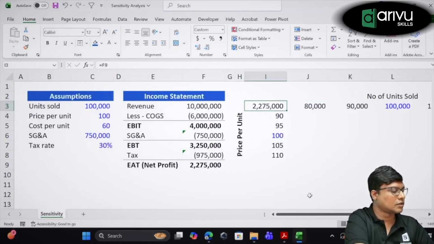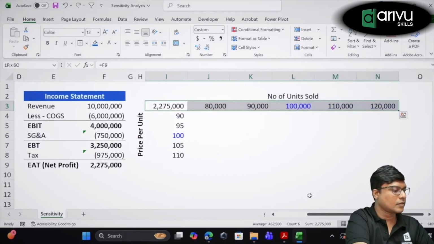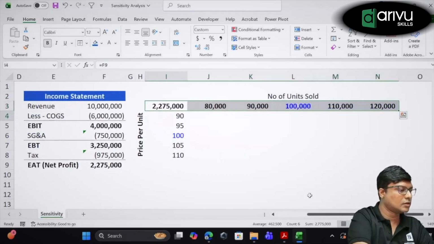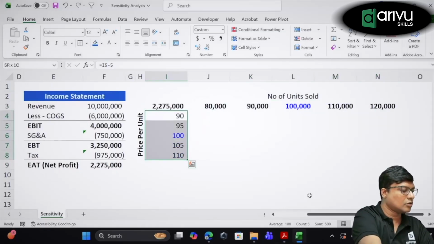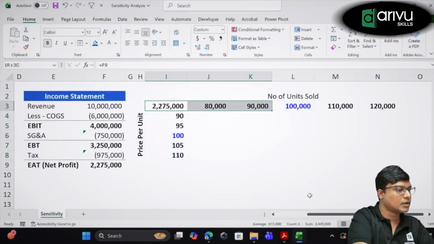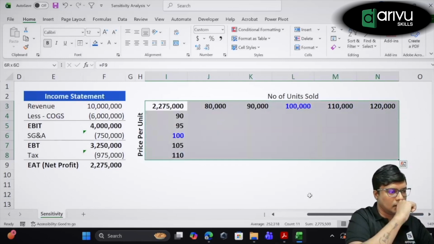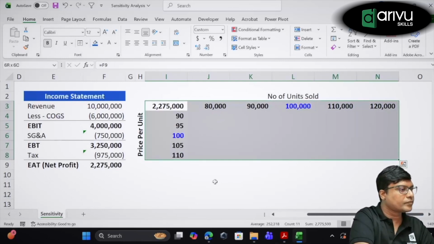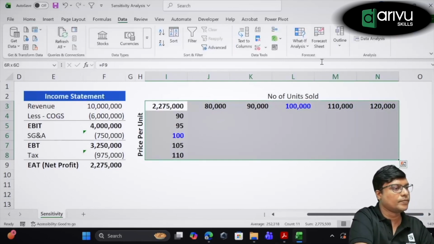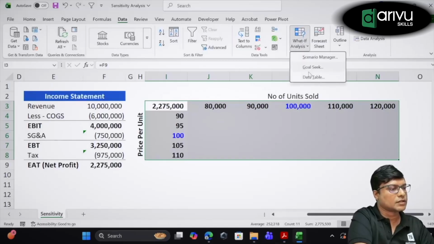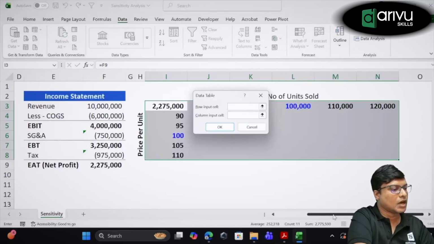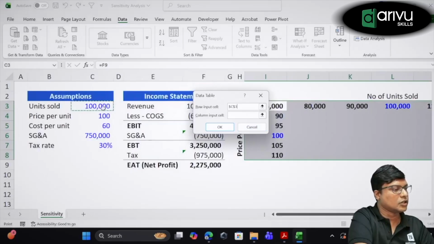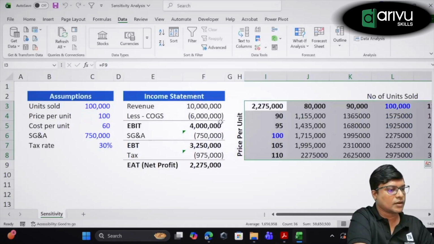So what I'll do is, I'll bold this whole table, go to the data ribbon, what-if analysis, data table, under the row input cell, select the units sold, under the column input cell, select the price per unit, press OK.